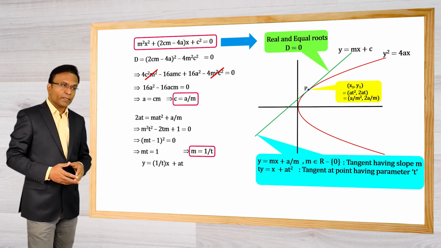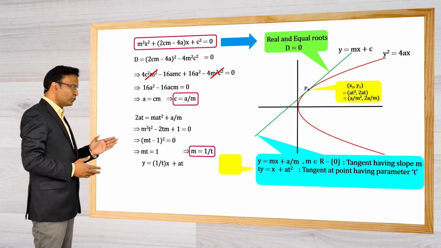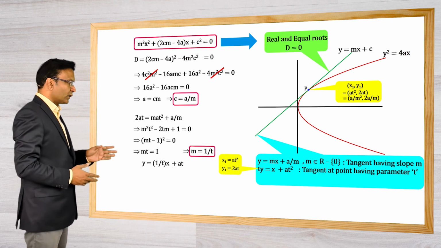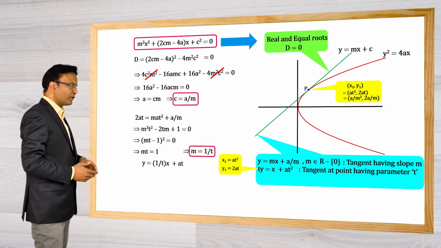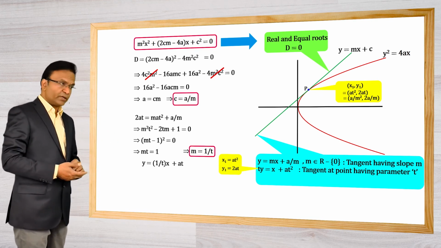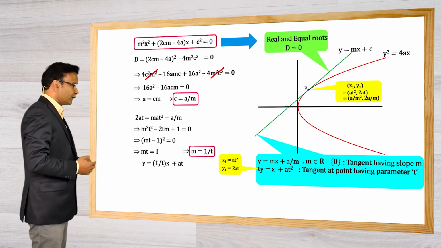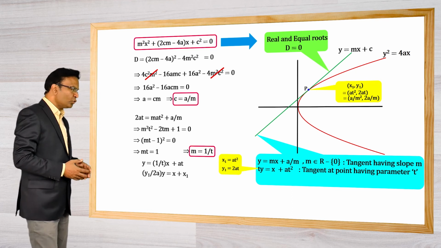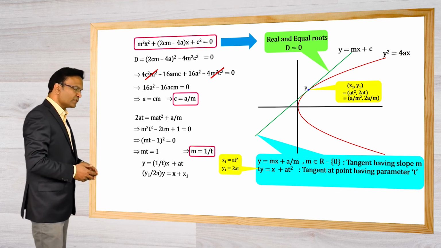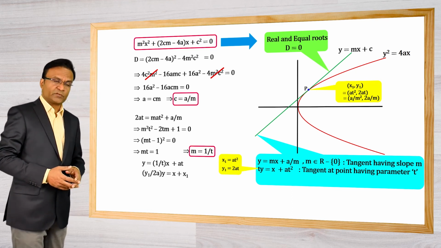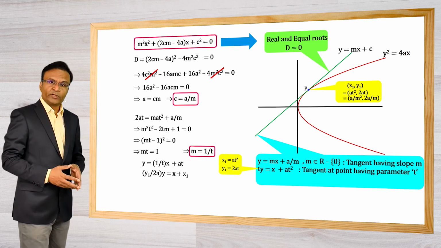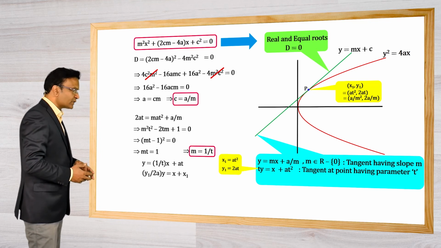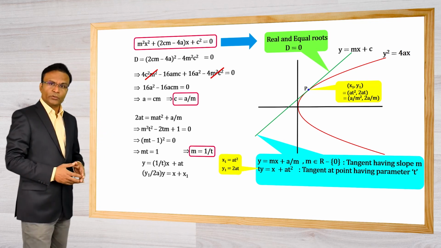Okay, now further, x1 is equal to a t square and y1 is equal to 2at. So in the equation of tangent, which is in the form of parameter t, we get this equation: y1 upon 2a multiplied by y is equal to x plus x1. I am putting a t square is equal to x1 and t is equal to y1 upon 2a.